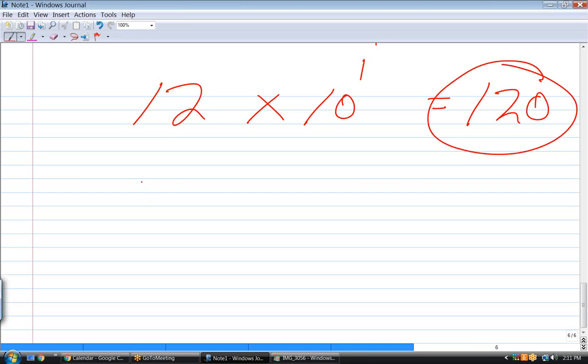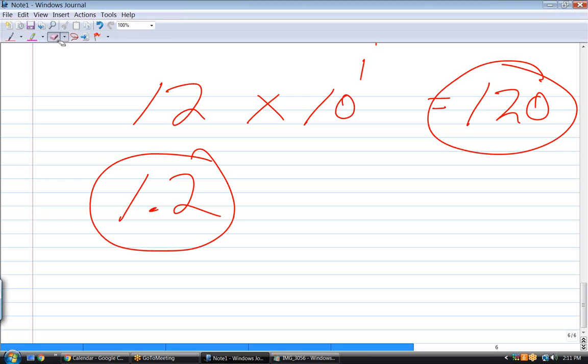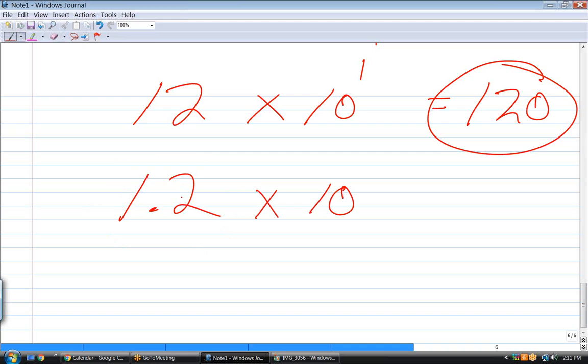So if I want to change this to 1.2, to put it in true scientific notation where the number is between 1 and 10, like 12 is, I know that 1.2 times 100 would be 120. So therefore, I have to add 1. That number is also 120. Both of these numbers are the same number.